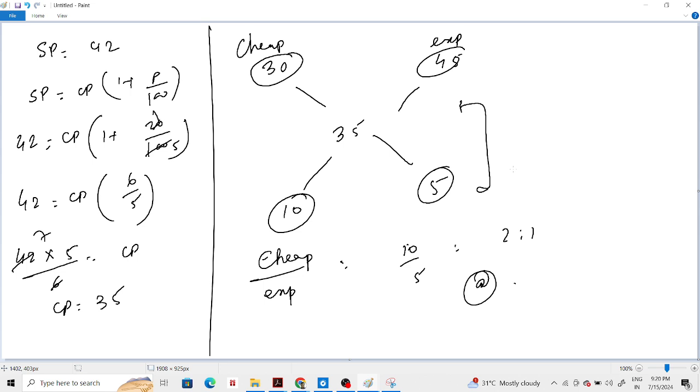Next, b liters of the mixture, remember the quantity remains the same. Earlier also b liters was removed, now also b liters is removed, okay?